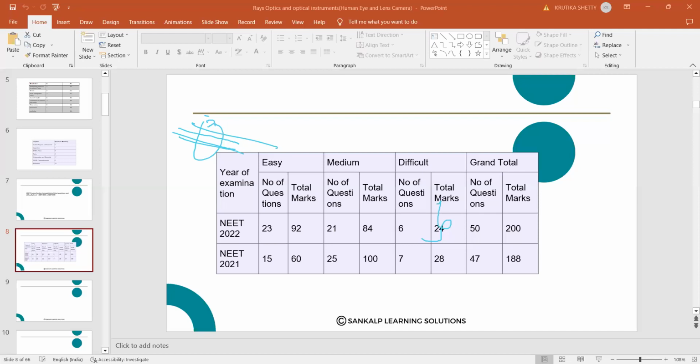Where epsilon is the absolute permittivity of the medium. So if you take the ratio of 1/4 pi epsilon naught into q1 into q2 by r square, divided by 1/4 pi epsilon into q1 q2 by r square, the same terms cancel, and what we get is epsilon upon epsilon naught, which is equal to epsilon r.